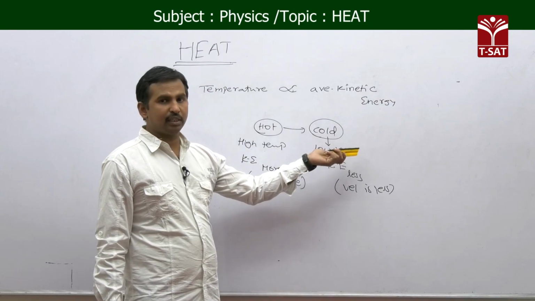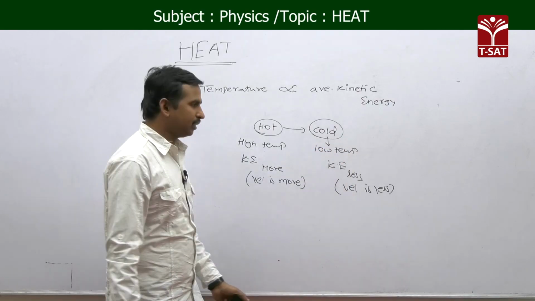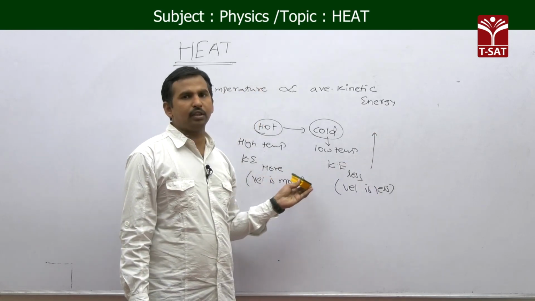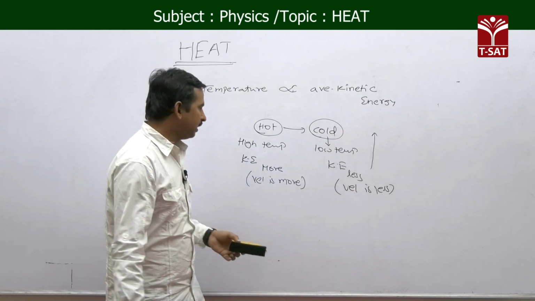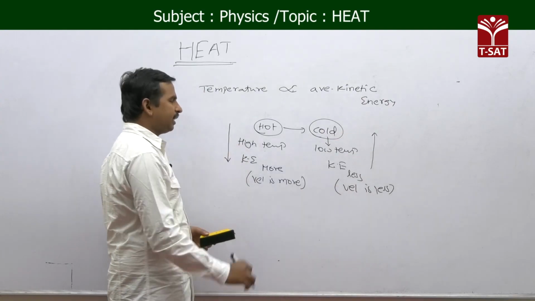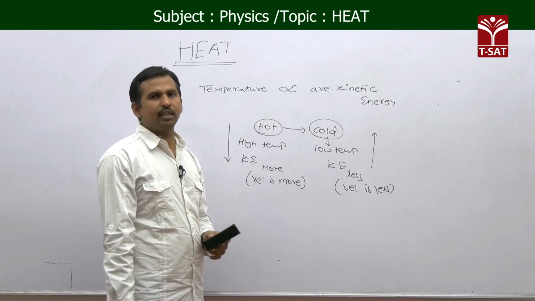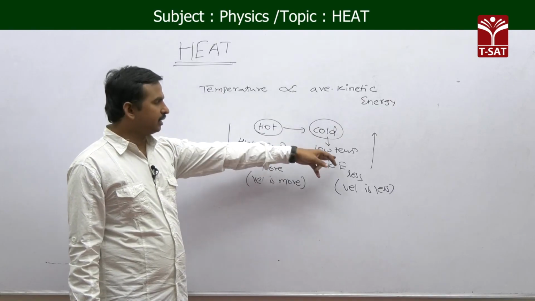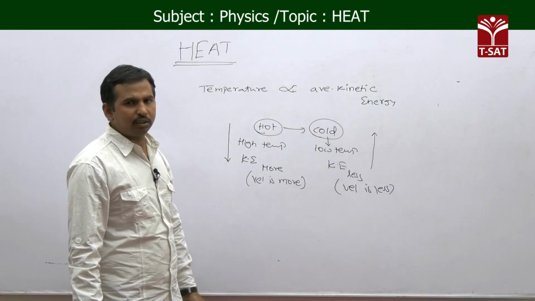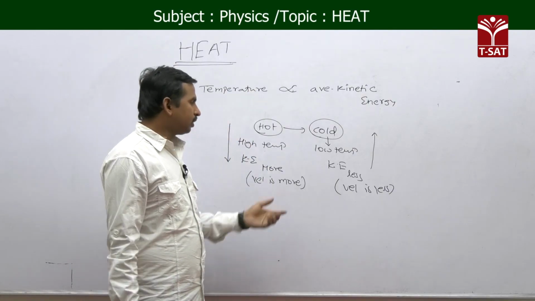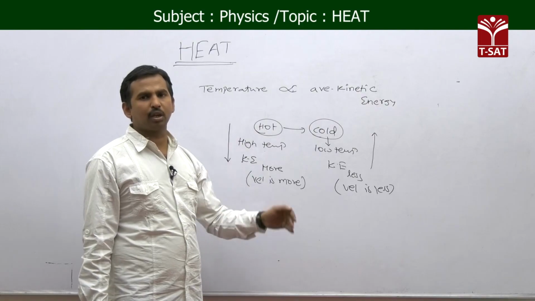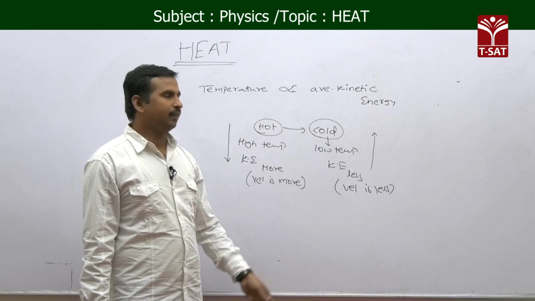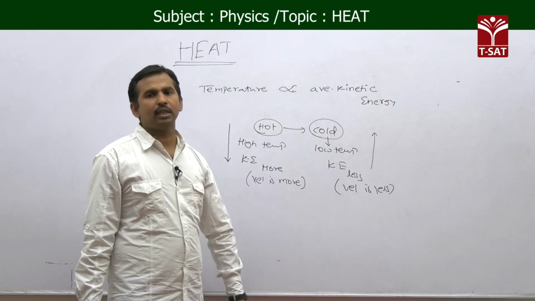As the kinetic energy increases, the temperature of the cold body rises. As the hot body's particles give their heat energy away, there is a decrease in its kinetic energy, so slowly its temperature decreases. The increase and decrease both reach the same stage at one particular point. That we call thermal equilibrium, where both temperatures are the same.